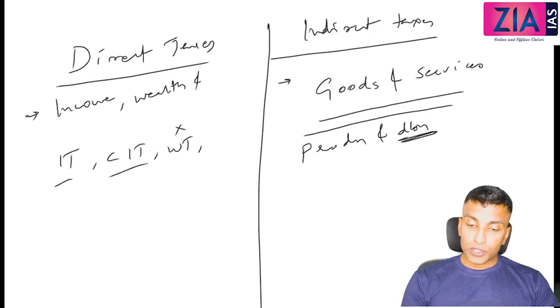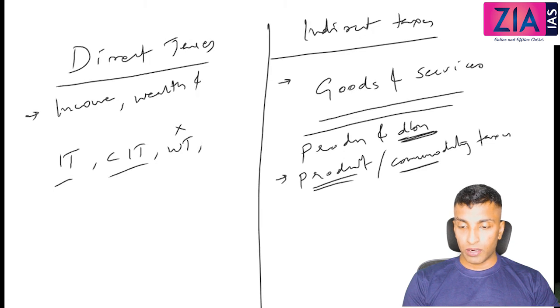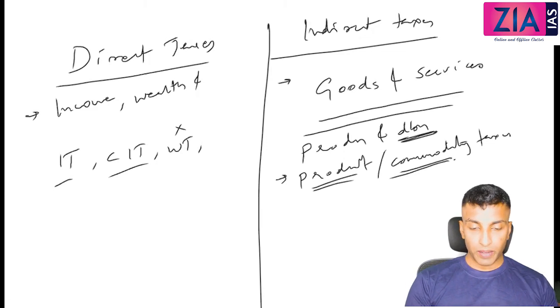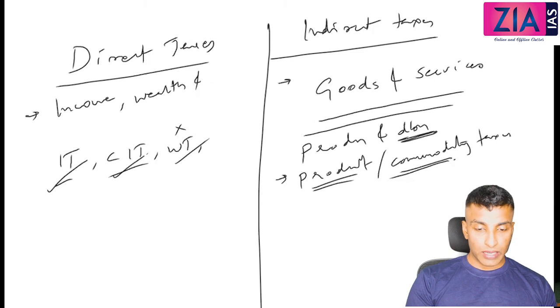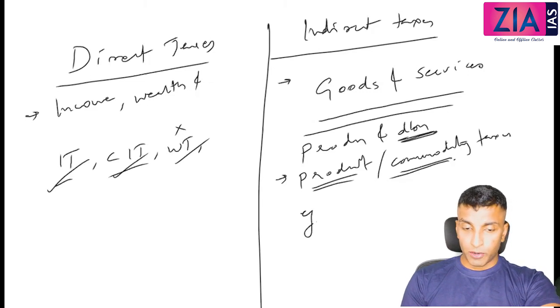These are also called product or commodity taxes. So here, income tax, corporate income tax, wealth tax, professional tax, land revenue, house tax, property tax, everything will come under direct taxes. Here, indirect taxes are upon goods and services.